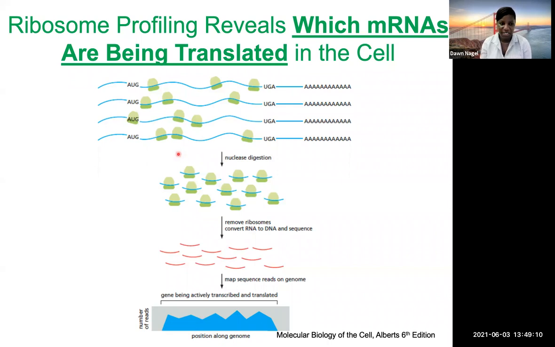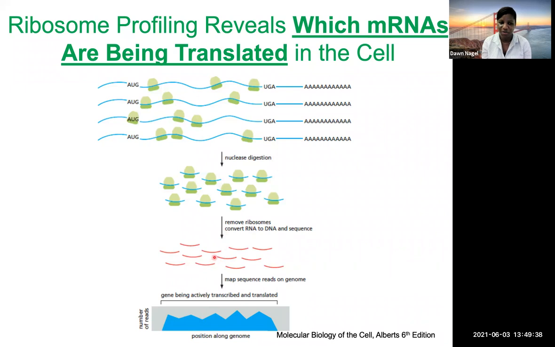Yeah. So it's very similar in the technique to kind of a DNase footprinting or RNase protection assay, right? So you're digesting the mRNA, isolating the ribosomes. So you get rid of the ribosomes by adding a particular enzyme. And then you can remove the RNA, convert the RNA to DNA, cDNA, and then you sequence it.